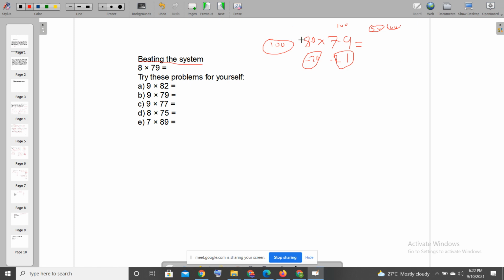Or you can decide to go by this 21 from 80. Anyhow you want to go. 59.